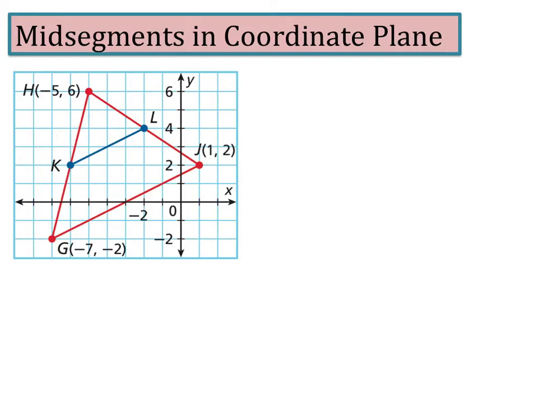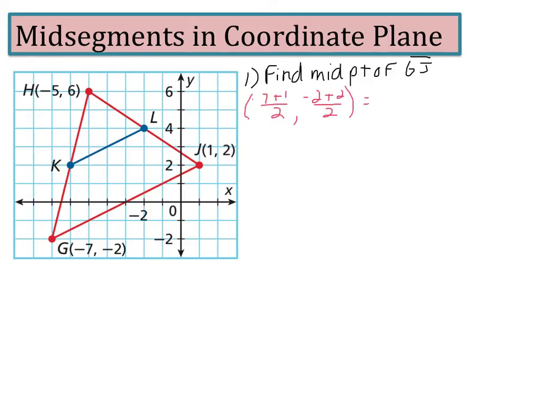In this diagram, we have two midpoints, K and L, and I want to first start off by finding the third midpoint of side GJ. Well, I know all I have to do is take the average of the x values, -7 plus 1 divided by 2, and -2 plus 2 over 2.